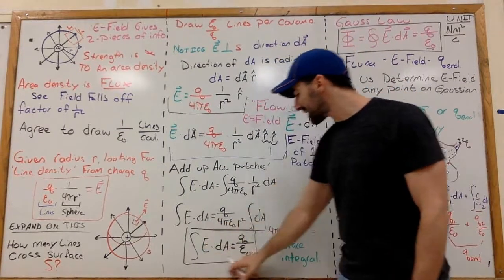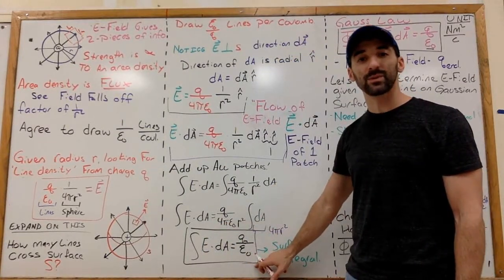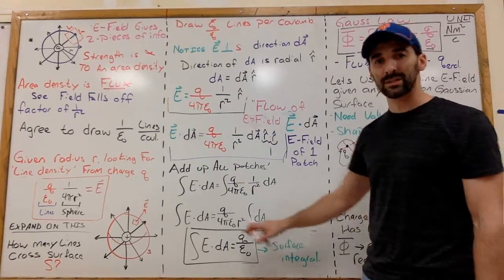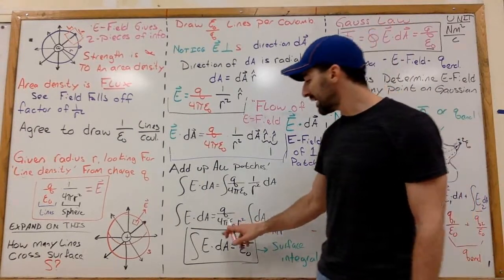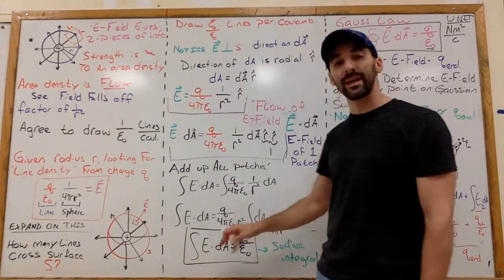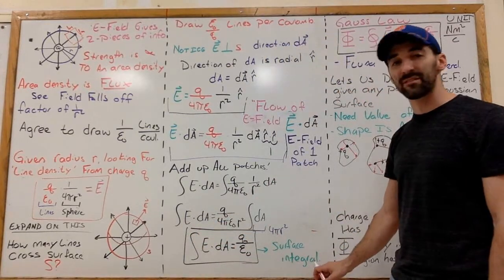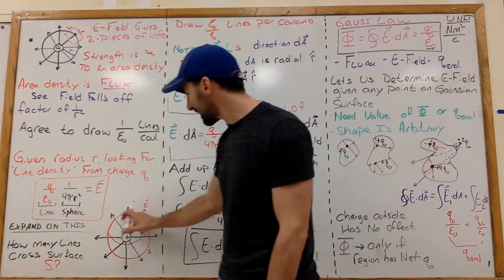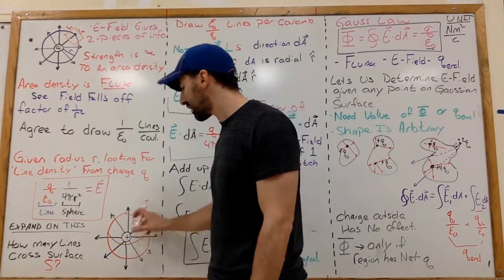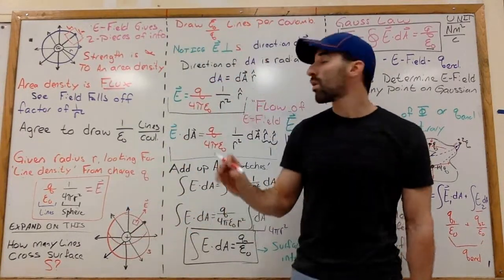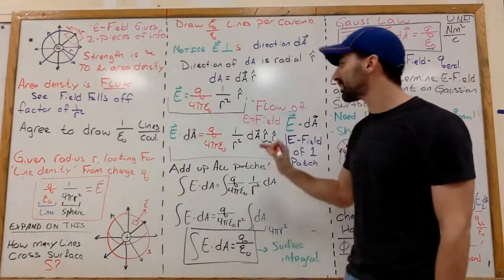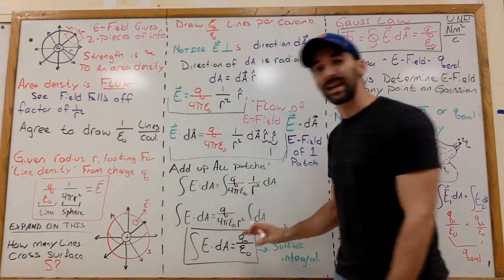Our final answer has nothing to do with the radius, which means it doesn't have to be a circle, it doesn't have to be a sphere. It could be any shape or any arbitrary shape. What we've also done is define something that's called the surface integral, or just integrating all about the surface. So we have now gone through this long trip to define what is Gauss's law.